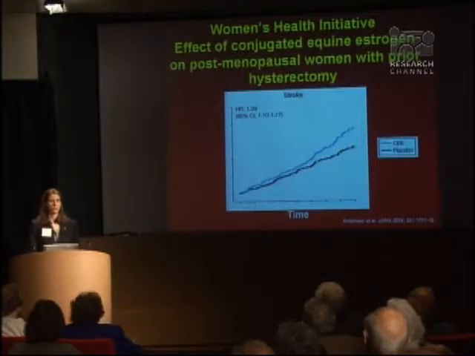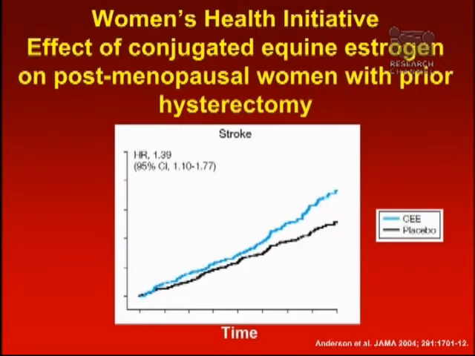But when they looked back, following these women over 6 years and looking at their stroke rates, they found that after about 2 years, the hormone group actually had higher rates of stroke. And so that's where those FDA guidelines stem from. They also looked at a subset of postmenopausal women with prior hysterectomy, looking at the effects of estrogen, and they also found that those receiving estrogen or hormone had higher rates of stroke.